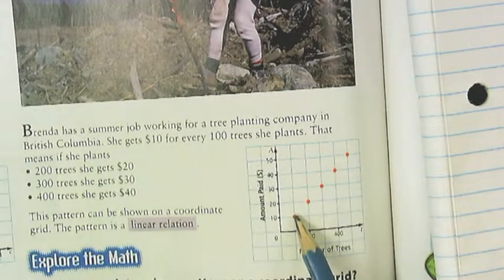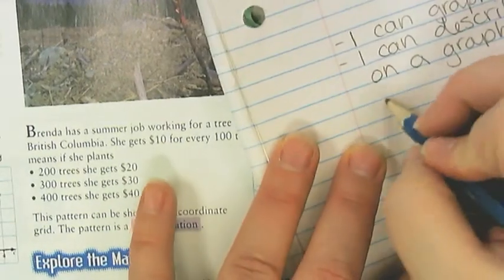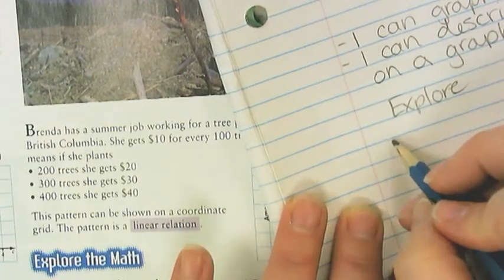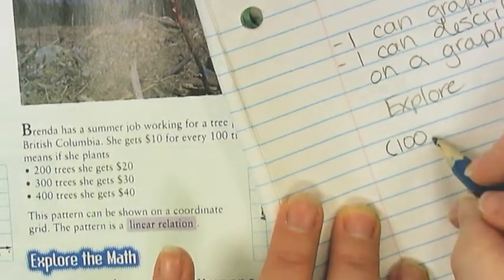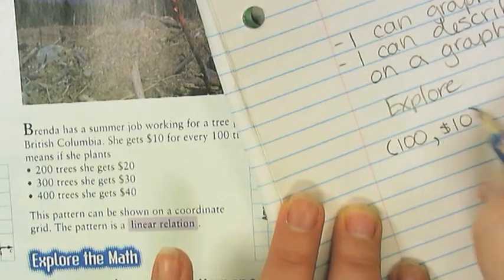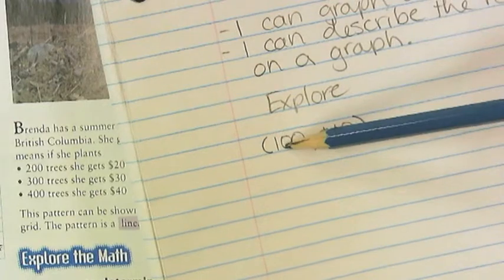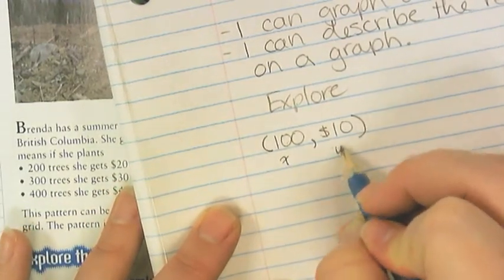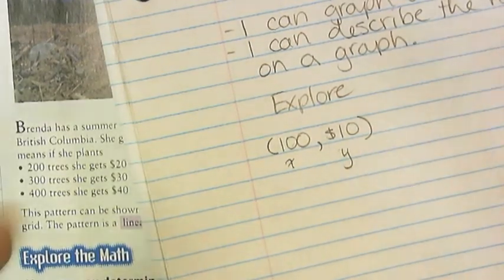Our coordinate here, remember how to write coordinates? That first coordinate is 100, because x-axis always comes first, and 10. Okay? X-axis, y-axis. X and y. And this is something you need to remember. We've gone over it before, but it's something you need to remember now that we're coming back to using our coordinate grids.